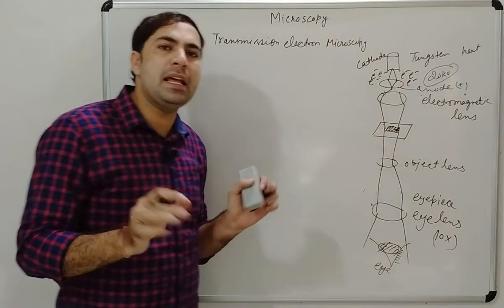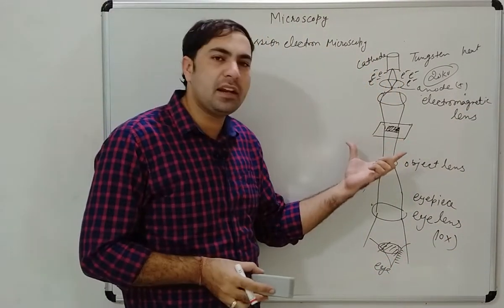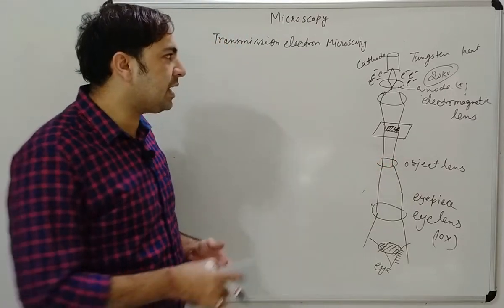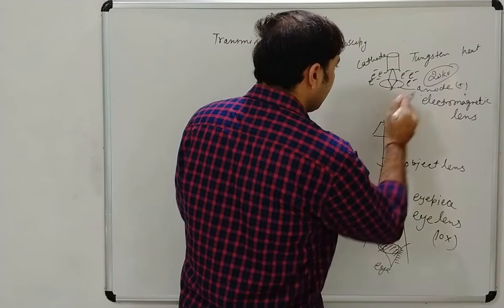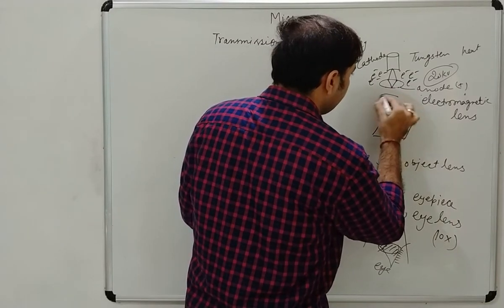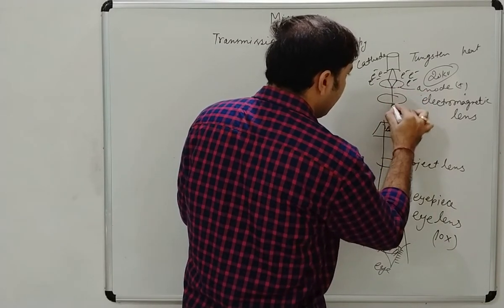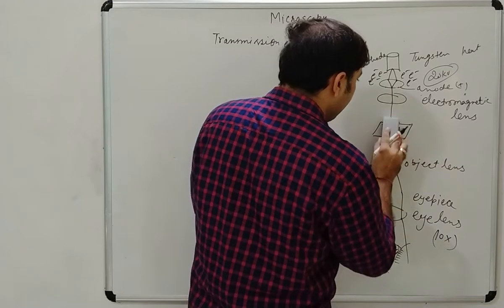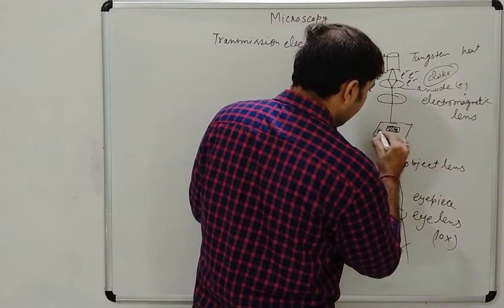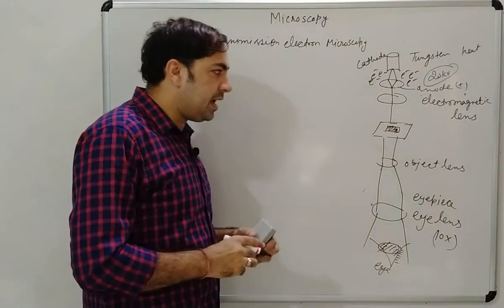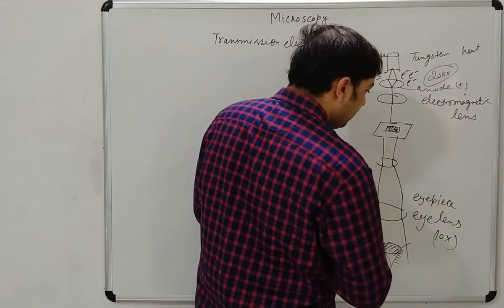Where we had simple lenses before, here the electromagnetic lenses are there. Then the beam passes through these and is put on the sample.